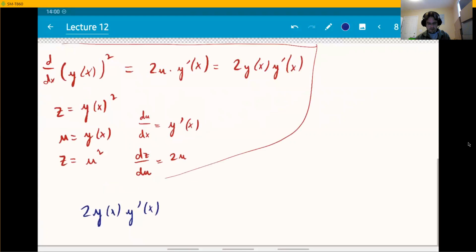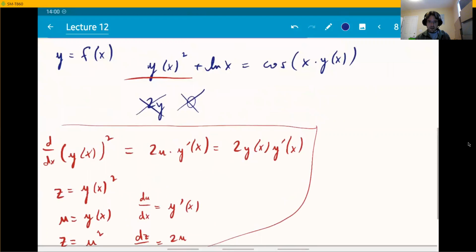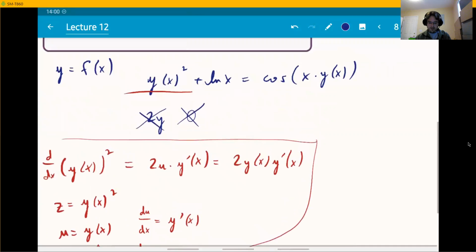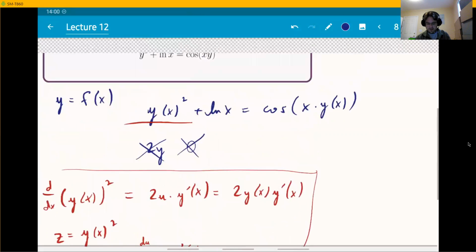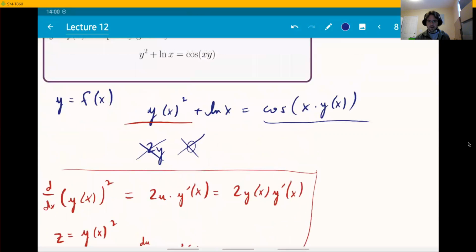Now I'm going to scroll back up so we see the rest of the equation. Remember that we're taking the derivative of this equation right here. The next term is easy to find. That just involves x. ln of x, the derivative with respect to x is 1 over x. Now you need the derivative of this term, cosine of x times y, where y is a function of x. This is again the chain rule.